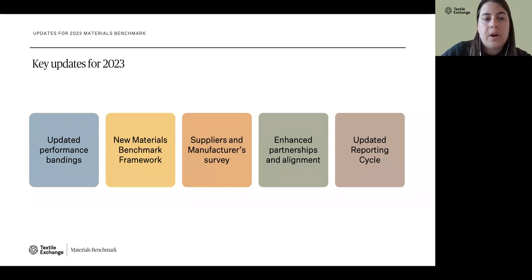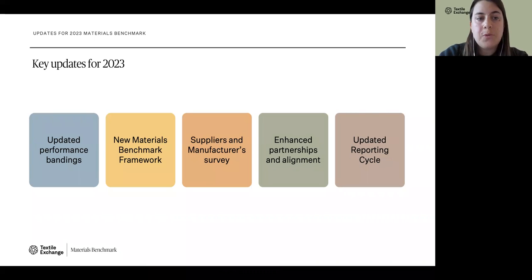So just to say that we are keeping the current banding, so level 1, developing, level 2, establishing, level 3, scaling, and level 4, leading. But the criteria that sit behind them has been modified.